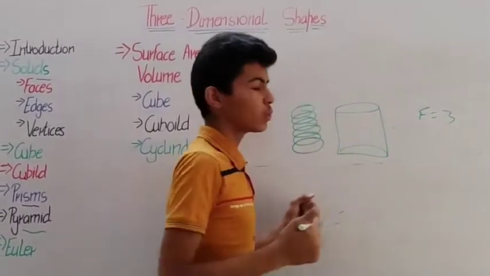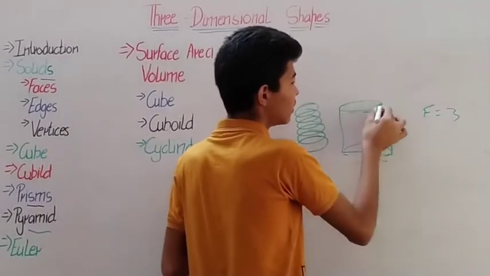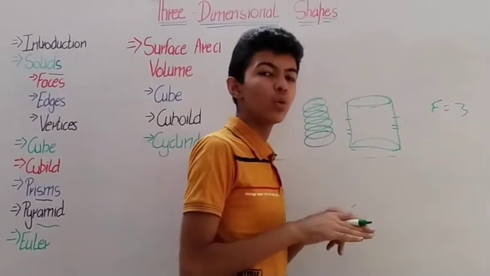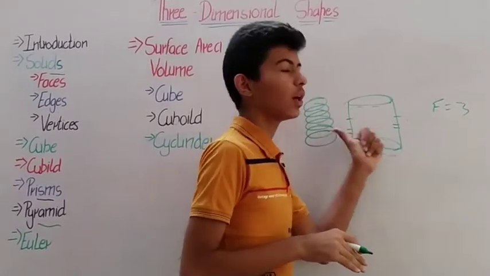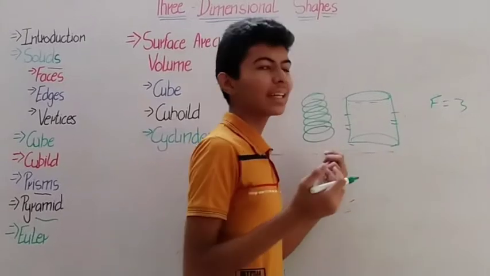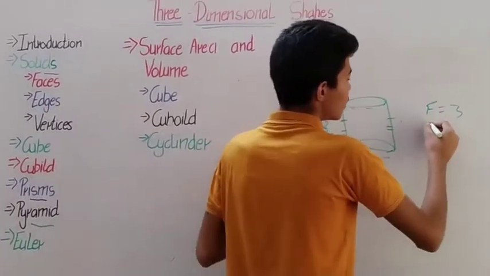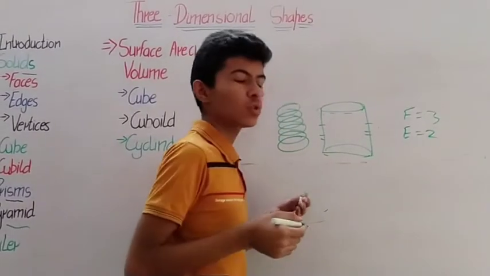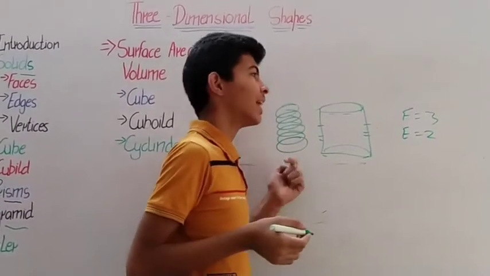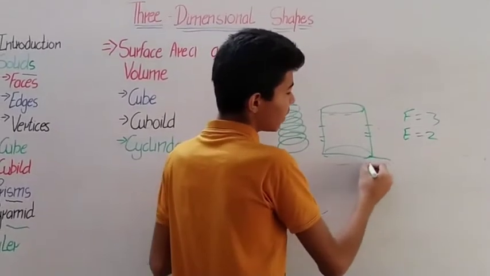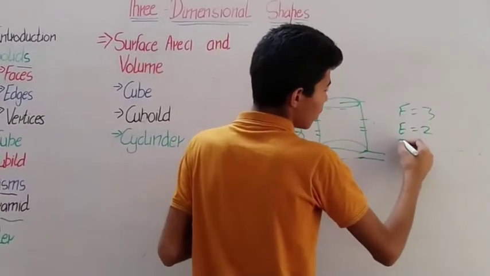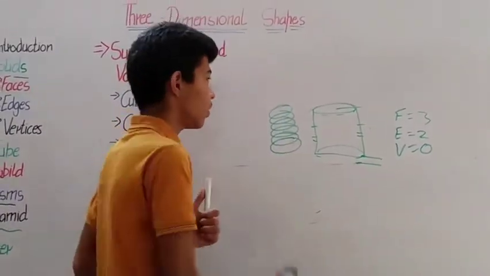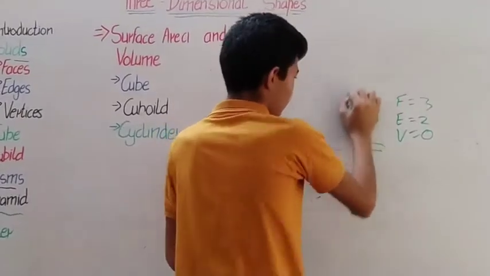The number of edges would be 1 at the lower face and 1 on the top face. The curved face is only a single consecutive shape, a rectangle, so it doesn't have any edge, so it has only 2 edges. And it has no vertices, because nowhere are the edges meeting, since there are 2 separate edges. So vertices equals 0. So this is the case of the cylinder.